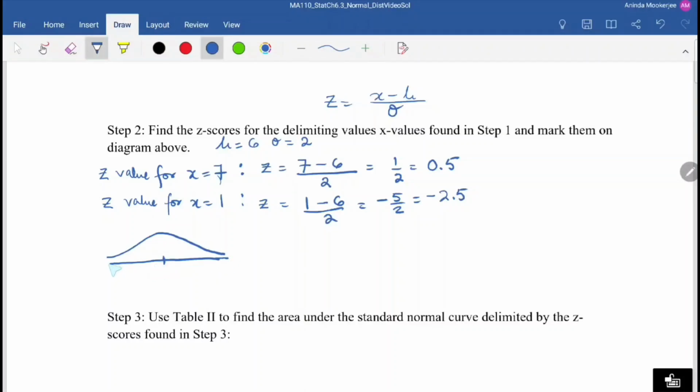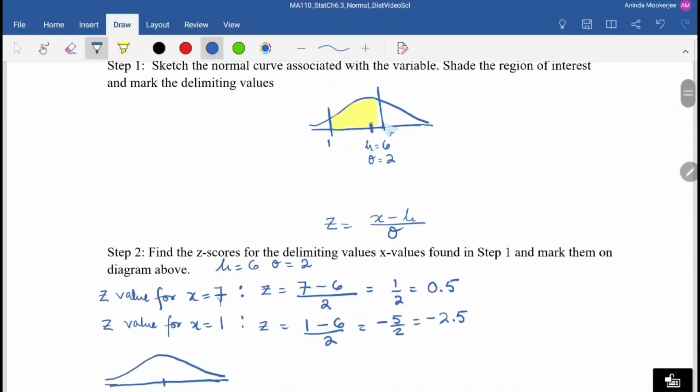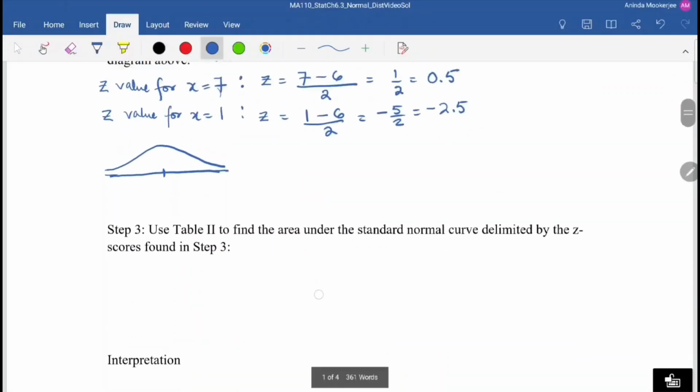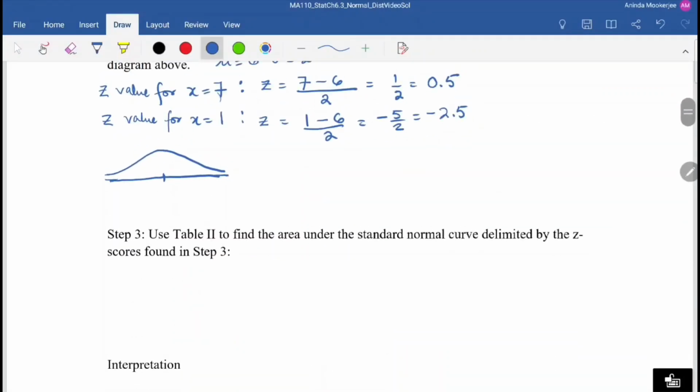My horizontal line, instead of having the actual values for mean and the observed values 1 and 7, will now be in terms of Z values. The center point where the mu was located is going to be 0. Where there was 1, it's going to be negative 2.5, and where there was a 7, it will now be 0.5.